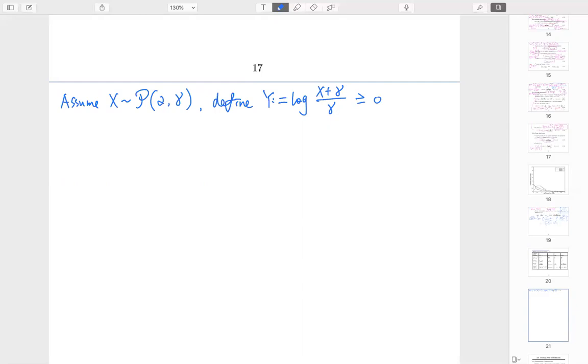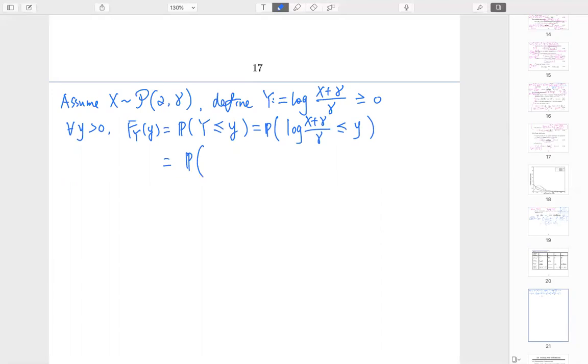For any small y bigger than 0, I'm interested in the CDF of Y. That means the probability that the big Y is less than small y. I know the definition of Y is log((X plus gamma) divided by gamma) less than y. So what I do is take the exponential on both sides of the inequality.